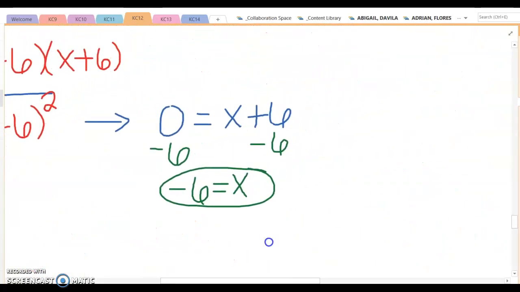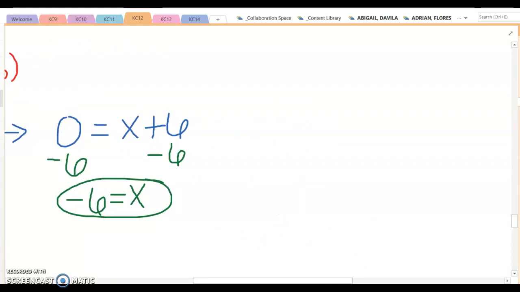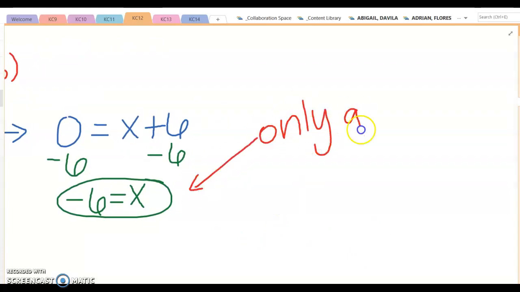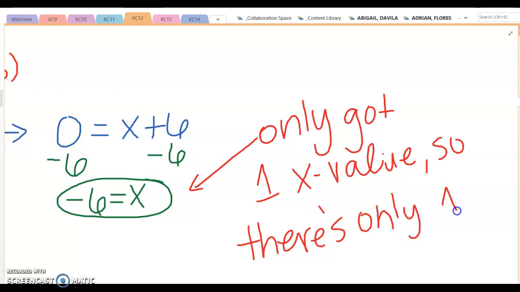So if it were going to have two solutions, we would end up with two different x values, right? So we only got one x value. So there's only one solution.